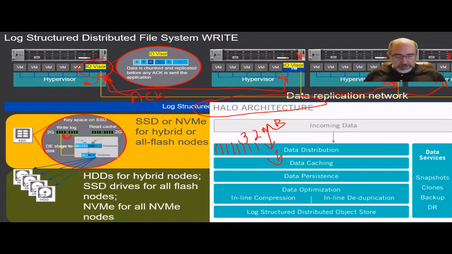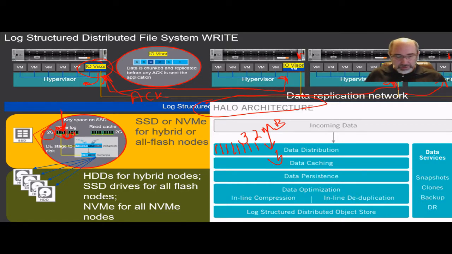All right, so let's take a look at this. As data comes into the log, the write or the key space on SSD, that key space is a 2 gig space split into two 1 gig spaces, right? So the write comes in and is coalesced into that first 1 gig space. As that fills up, it then flips over to the second 1 gig space.